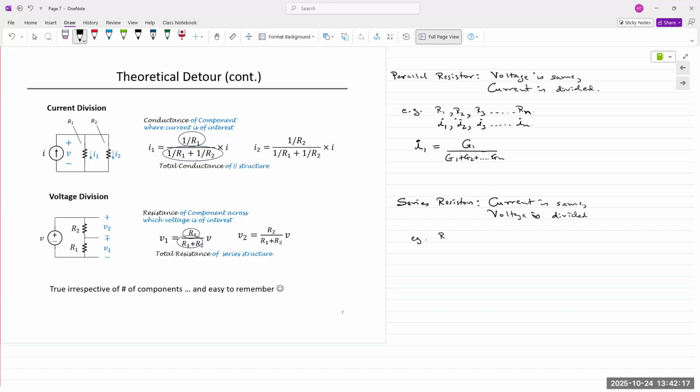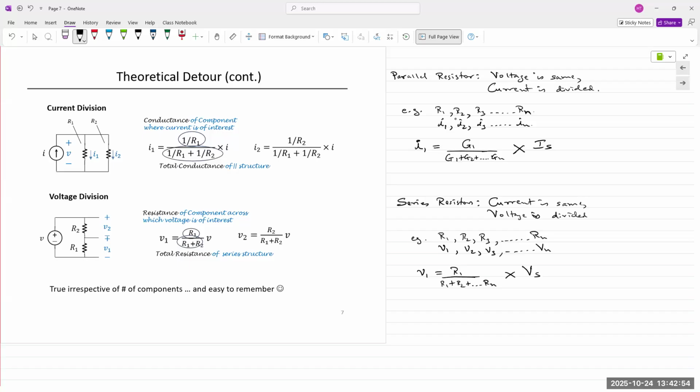So again, if you have n number of resistors in series, and you're trying to find V1, V2, V3, all the way up to Vn, then it's simply R1 over R1 plus R2 plus all the way to Rn, times your source voltage Vs.